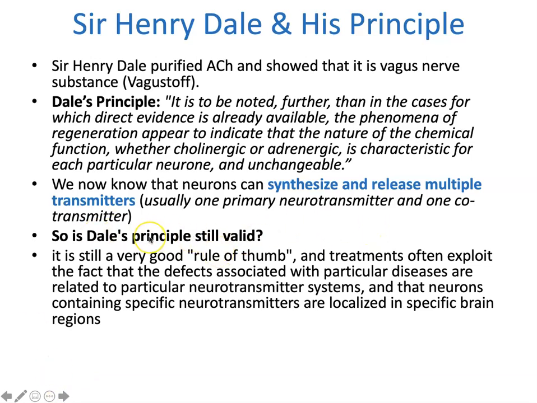So we say that his principle is still valid in current neuroscience studies, because when we're looking at diseases within the nervous system, especially diseases that are very complex and involve different regions of the brain, it's important for us to focus on what might be going on one at a time.